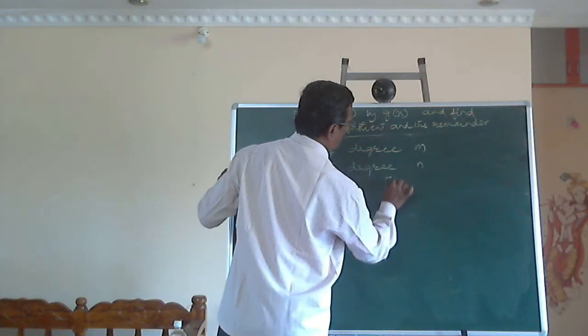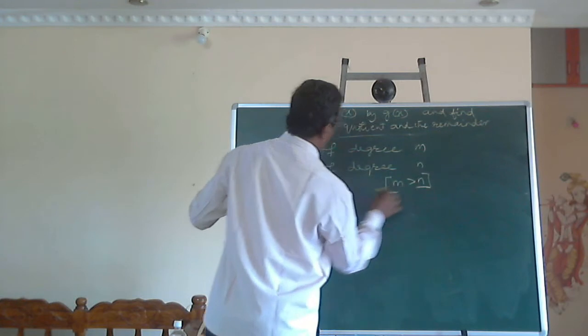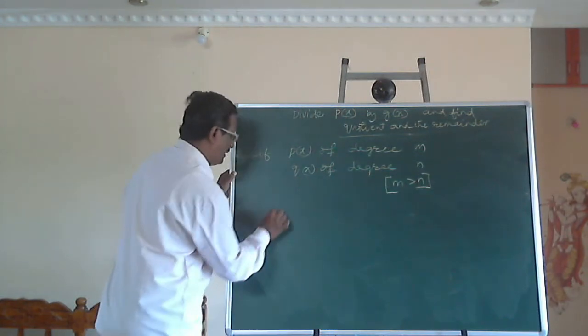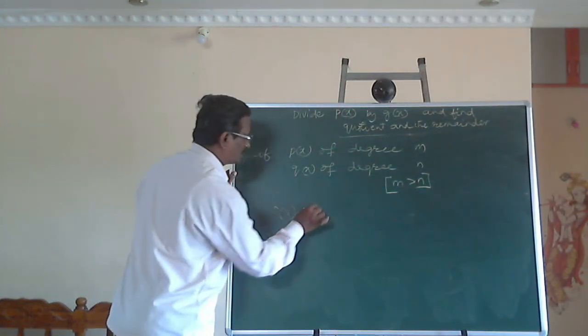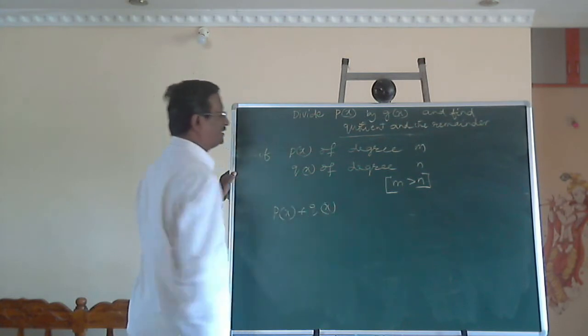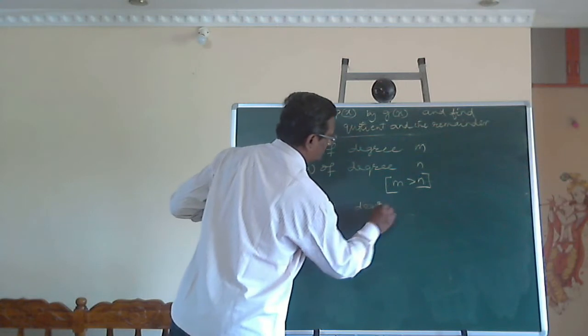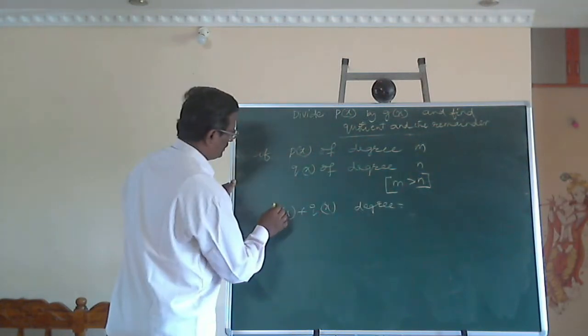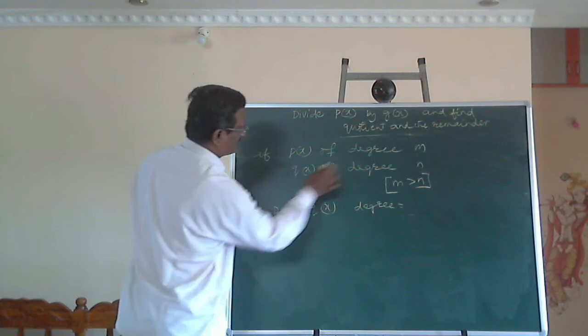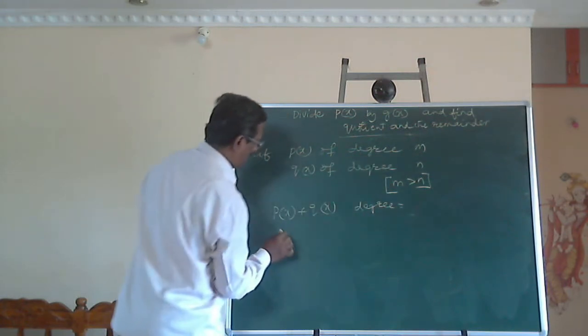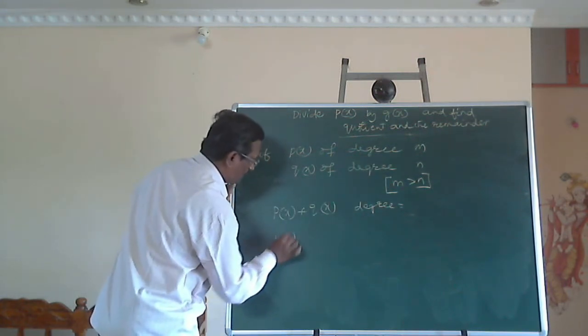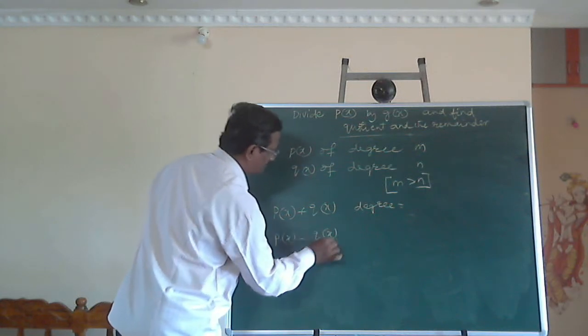It is also given m is greater than n. If you add the two polynomials Px and Qx, the sum of the two polynomials is always a polynomial. What is the degree of Px plus Qx? If degree of Px is m, degree of Qx is n, what is the degree of Px minus Qx?